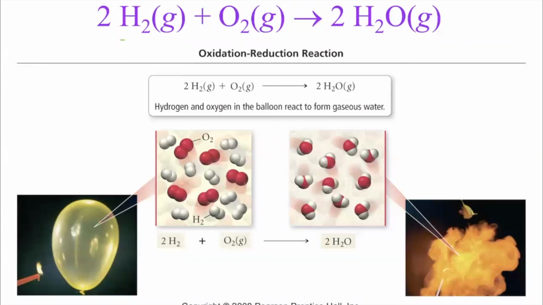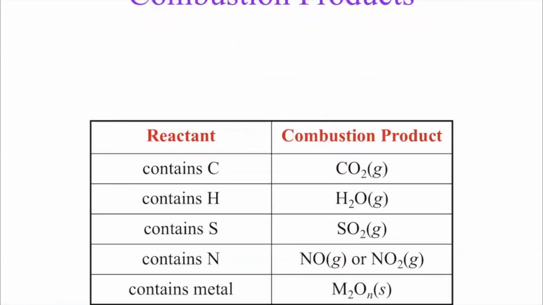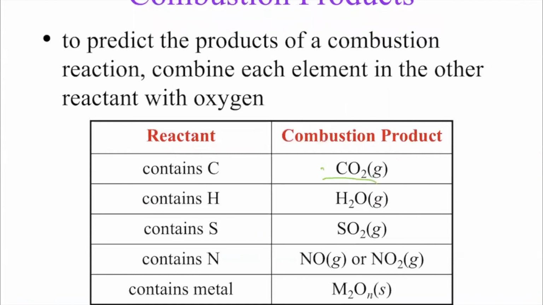And in combustion reactions, if you have carbon involved, you're going to generate carbon dioxide. If you have hydrogen only, you're going to generate water. If you have sulfur, you're going to generate this gas. If in your reactants you have nitrogen, you're going to have those products.